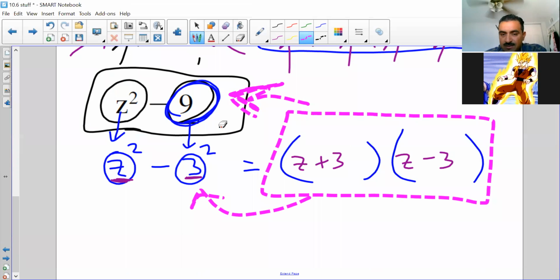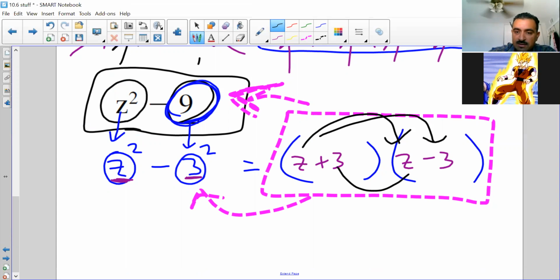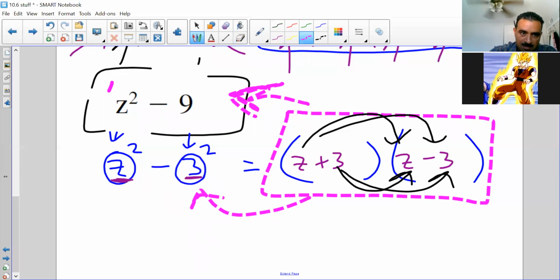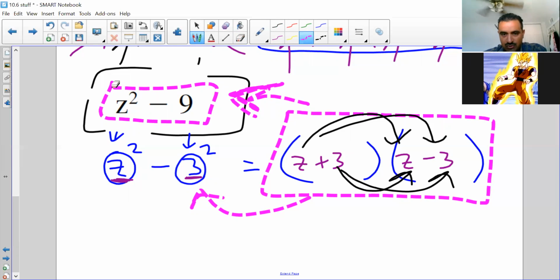Let me demonstrate in case you guys are doubting me. Look at Z times Z, Z times negative 3. 3 times Z, 3 times negative 3. Notice how after I multiply it out, it's going to be what I started off with. Watch the magic.